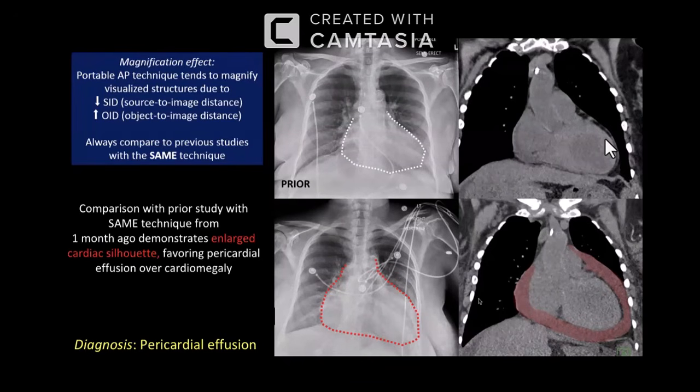So always ask for the prior study if available, especially in your clinical practice. And you have to do this comparison, especially when you want to differentiate between the two entities.